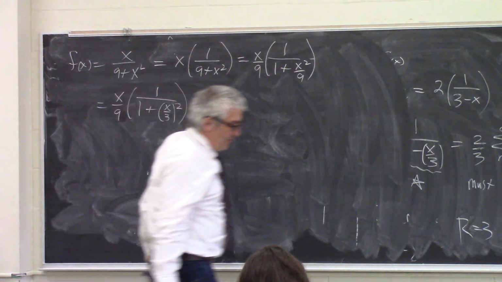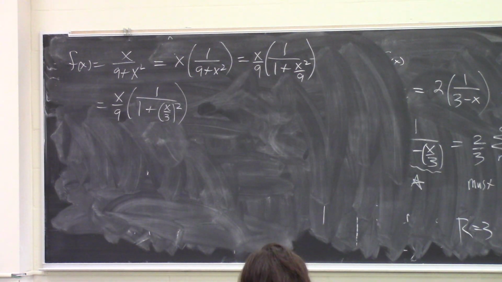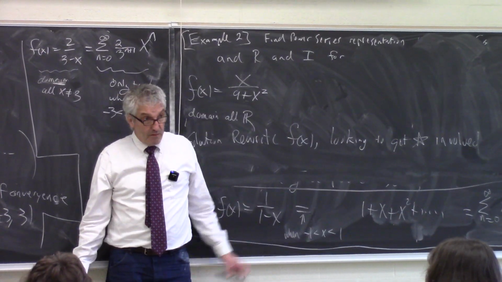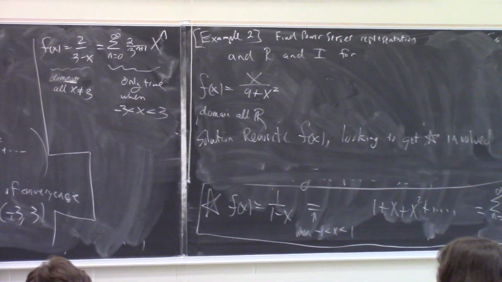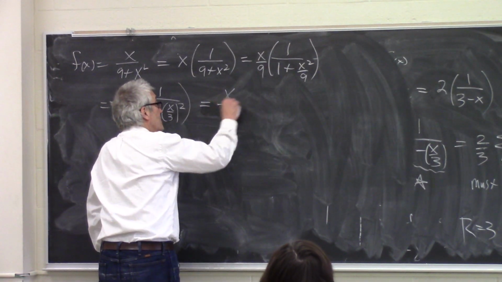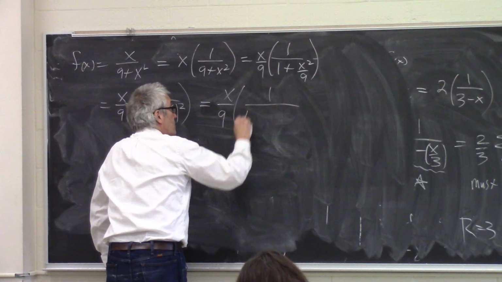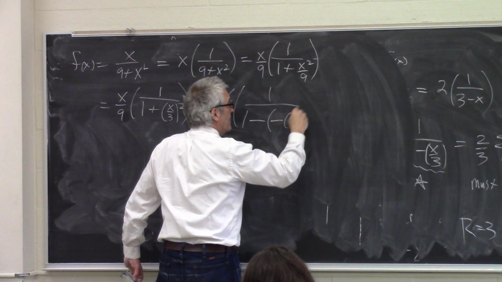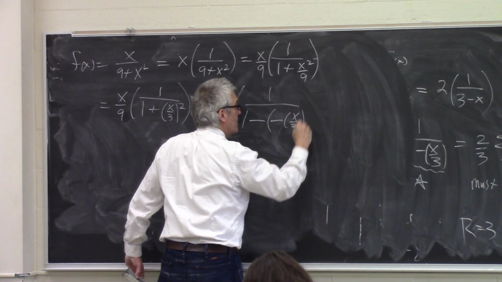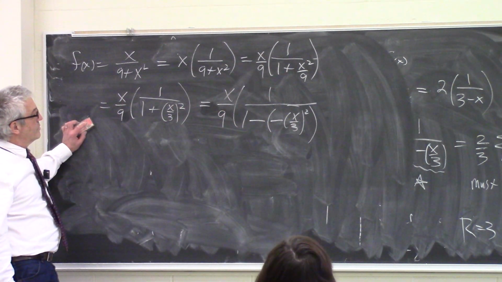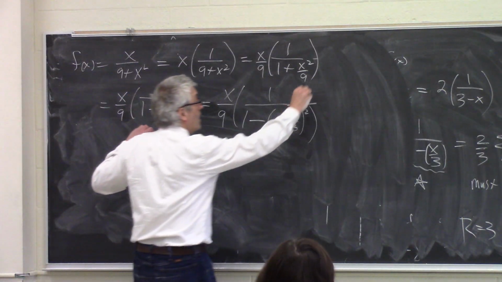Remember what star is. Star has 1 over 1 minus something. We don't have that. So we just have to force what we've got to go into that form. So you want a minus in the bottom, so let's put a minus in the bottom. So x over 9 times 1 over 1 minus. Okay, if I'm going to do that, I screwed things up, so I've got to put another minus sign in there. There we go. Now that's star.